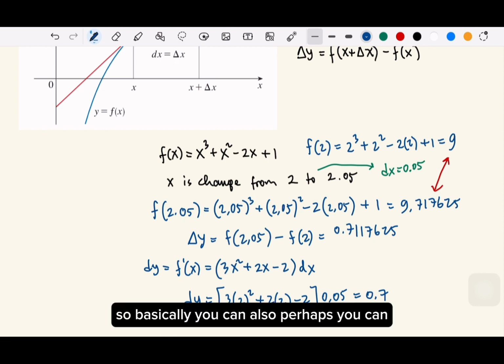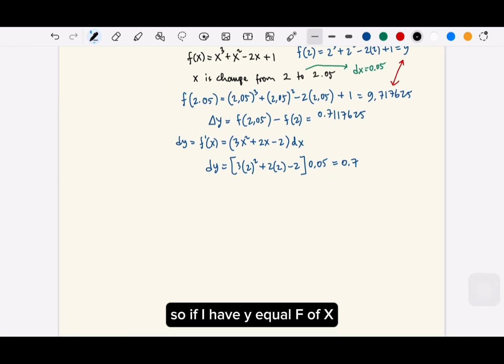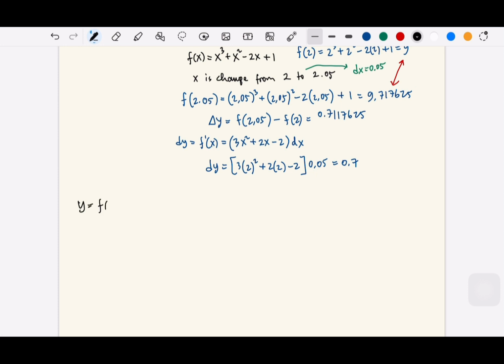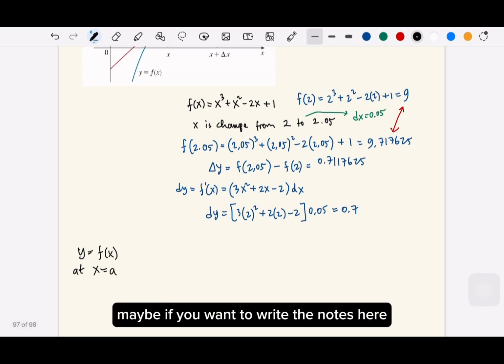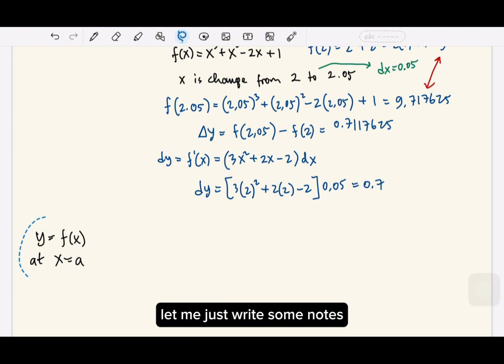So basically, perhaps you can try from your definitions. Okay, so if I have y equal f of x, let's say at x equal a. Maybe if you want to write the notes here, let me just write some notes downside here.